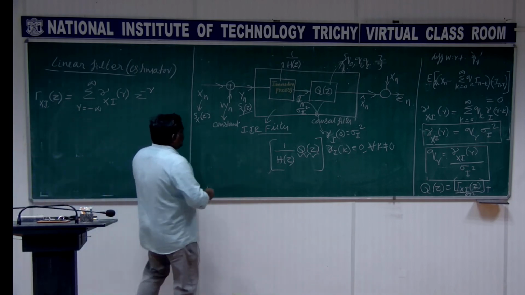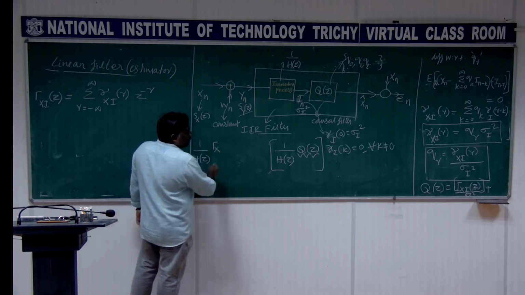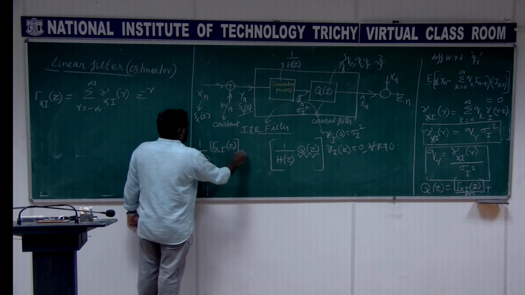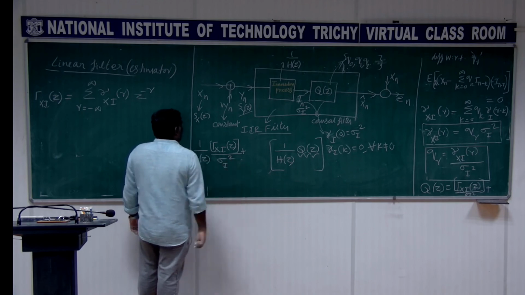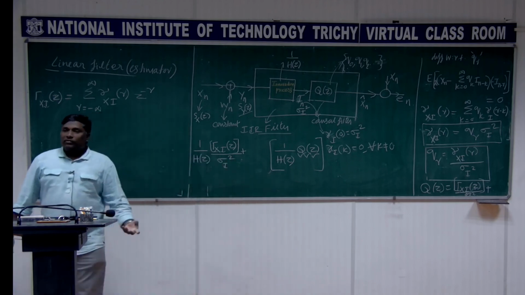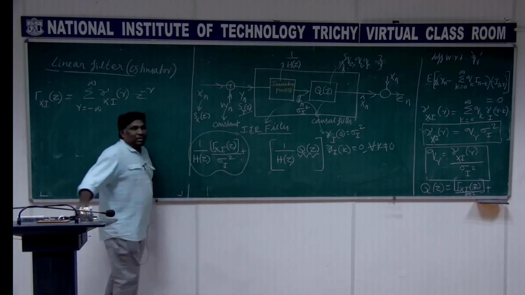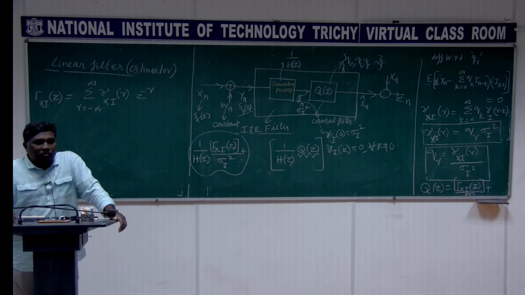Then I can simply write the Wiener filter transfer function like this: h of z gamma x I of z, the causal part, divided by sigma I square. This is the Wiener filter that we are considering. I'll tell that name a little later, and this is what we can call the transfer function of the IIR filter we are considering.